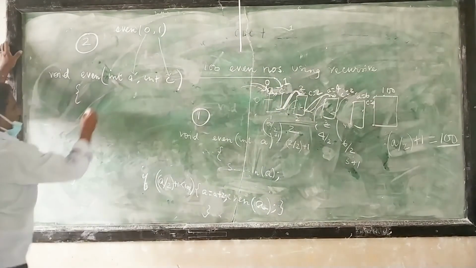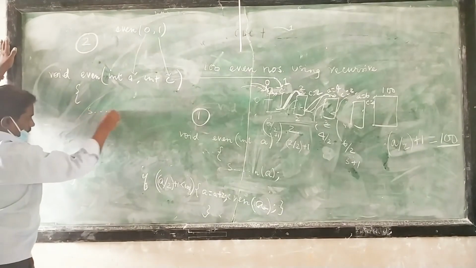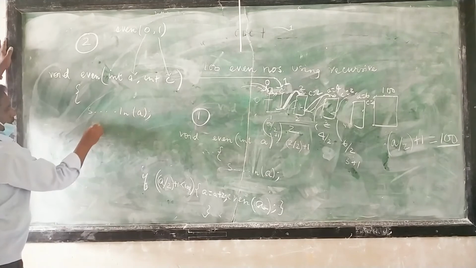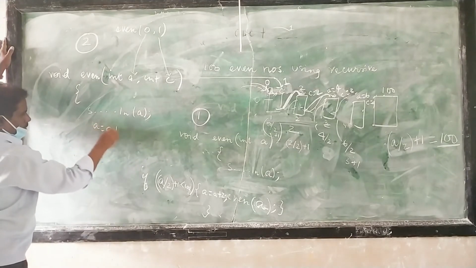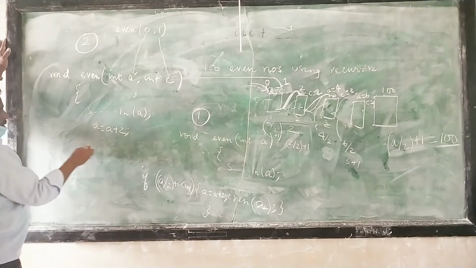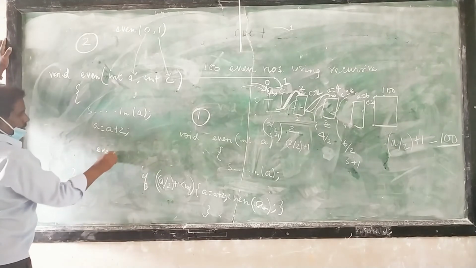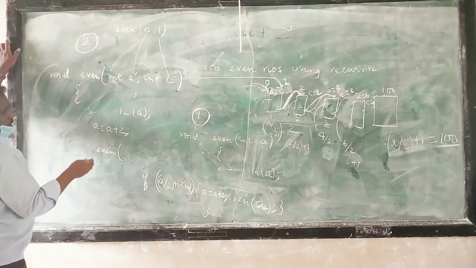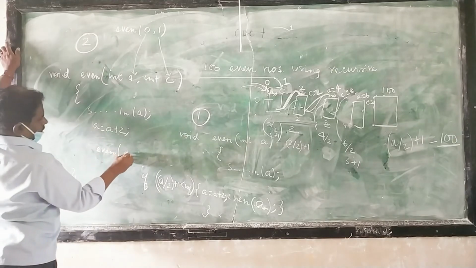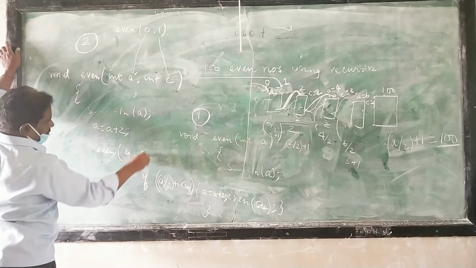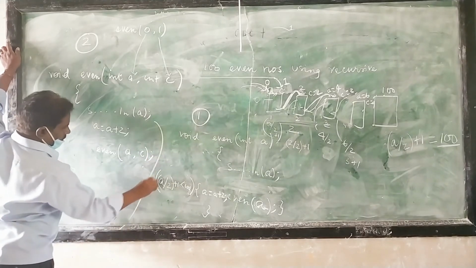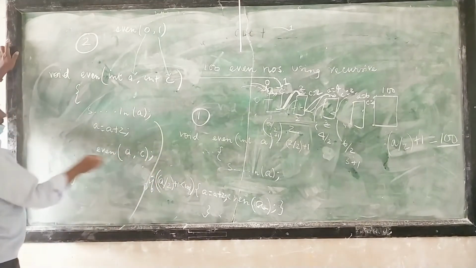So how can we do it? System.out of a, isn't it? A equal to a plus 2, and we are calling even with a comma c.